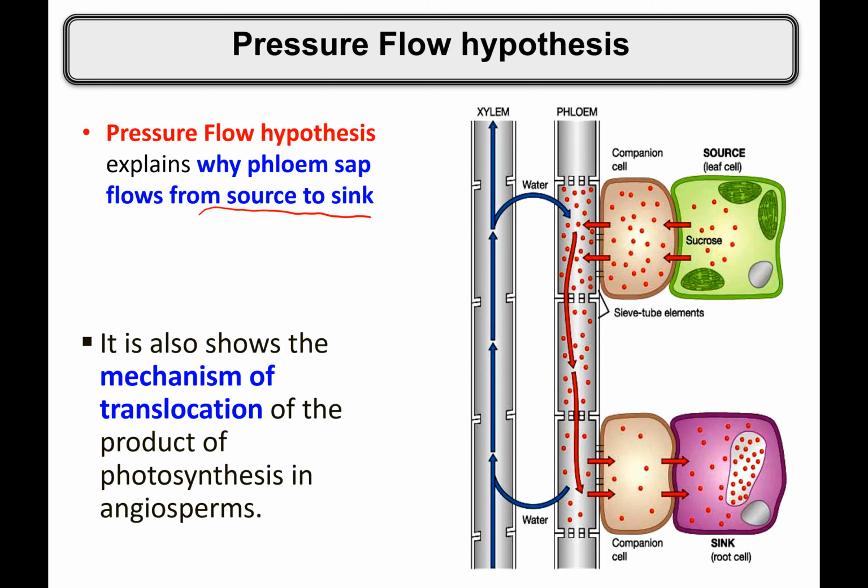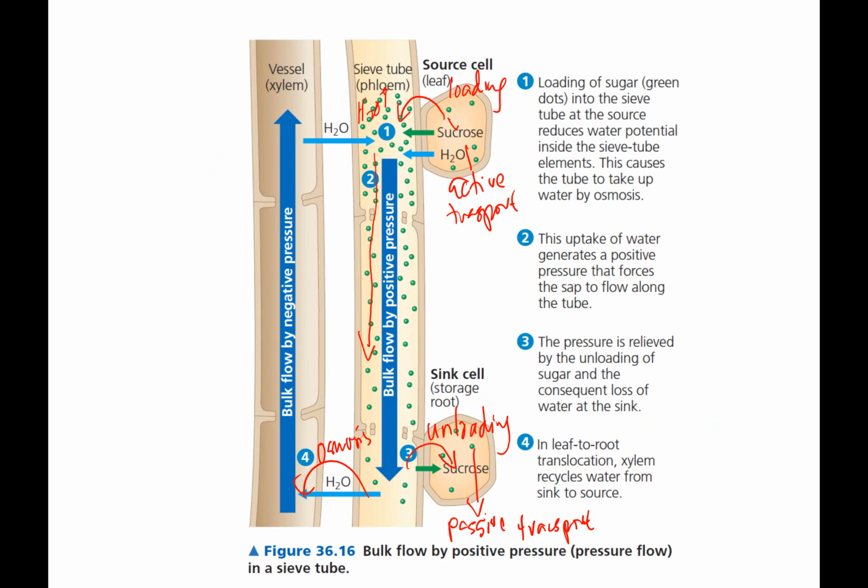It also shows the mechanism of translocation of the product of photosynthesis in angiosperms. This is the process of the pressure flow hypothesis occurring in the phloem.